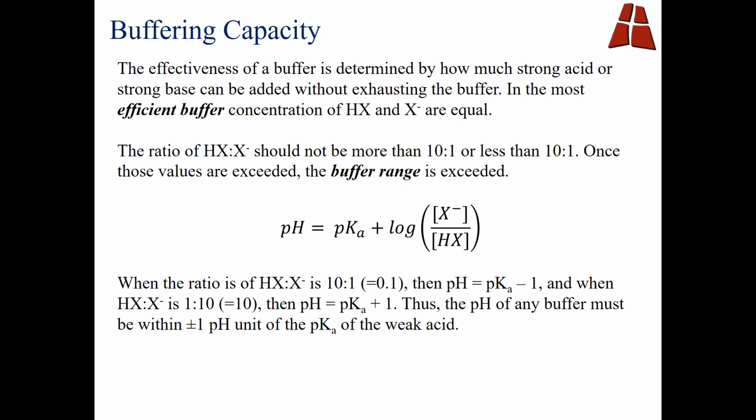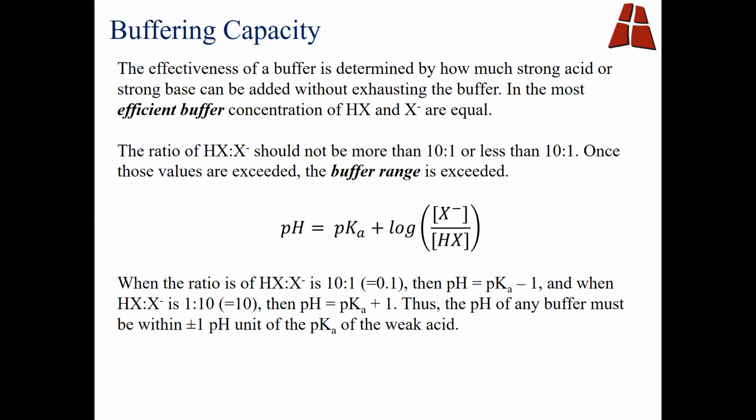This means that if we were to plug in those values into our Henderson-Hasselbalch equation, when we have a ratio of 10 to 1 for our weak acid to conjugate base, that would be equal to pH equals pKa minus 1. Whereas if we have a flipped ratio where we have 1 equivalent of weak acid for every 10 equivalents of conjugate base, then we would have pH equals pKa plus 1.